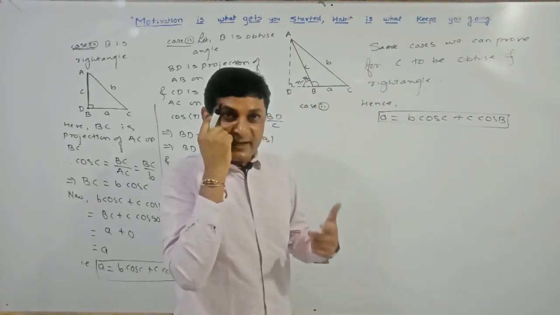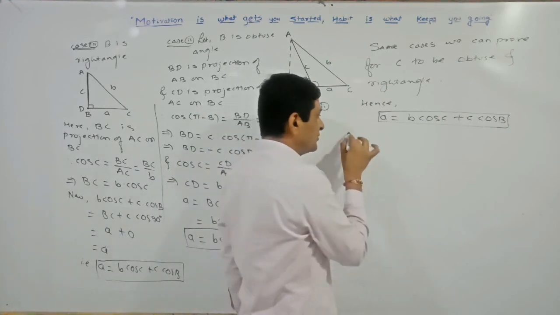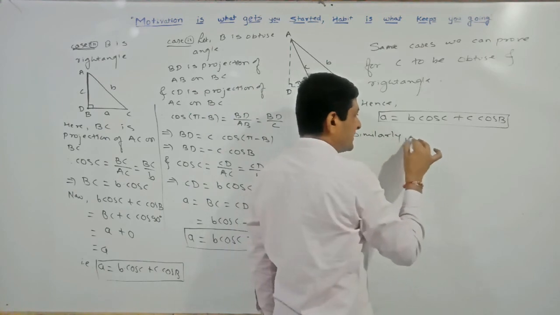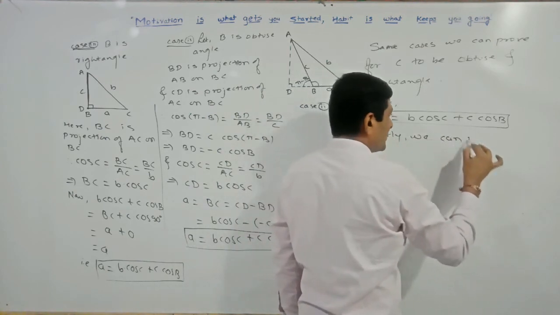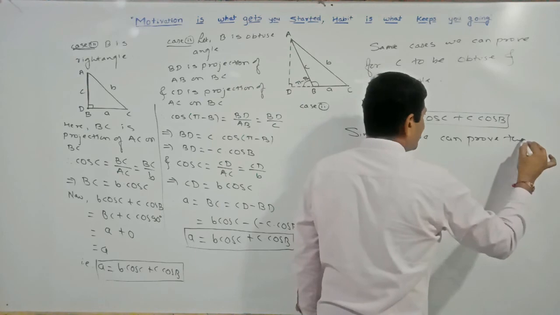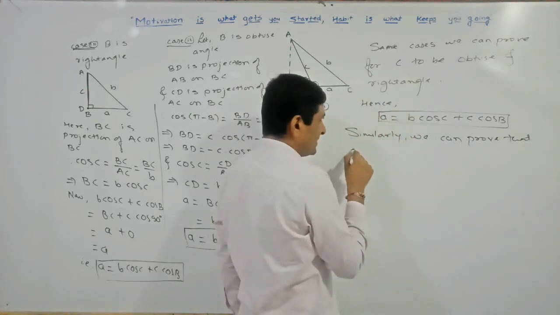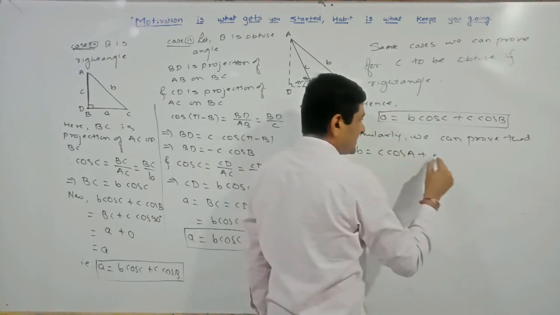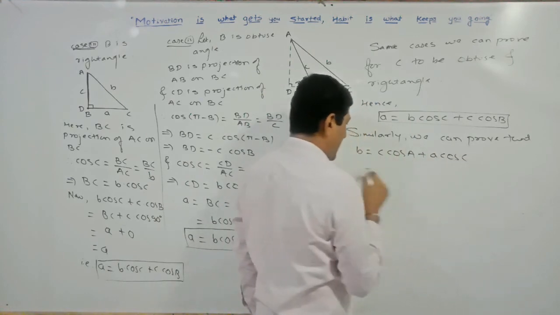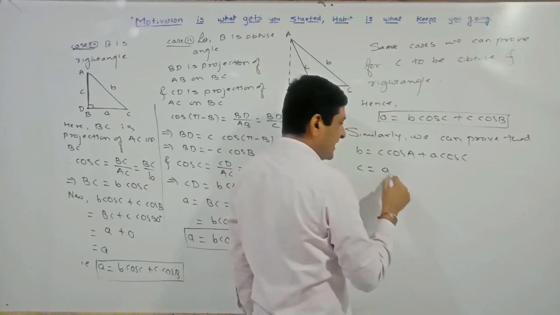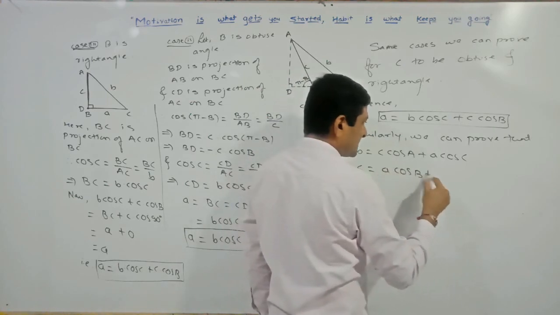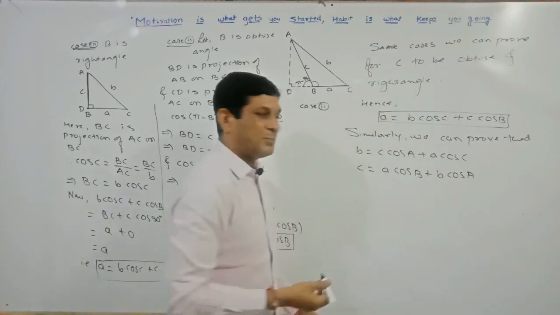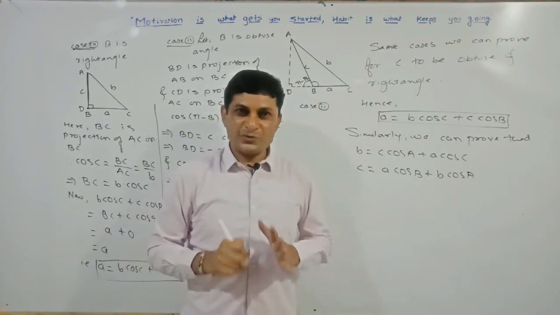Now to prove the second and third statements, the same method is used. So similarly we can prove that b is equal to c cos A plus a cos C, and c is equal to a cos B plus b cos A. In this way we have proved the projection rule.